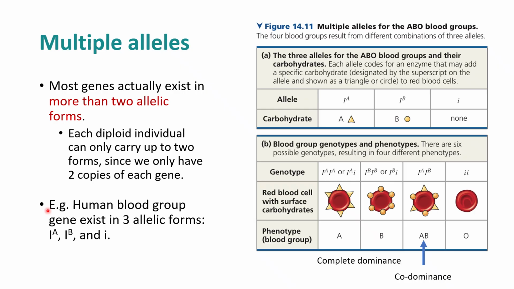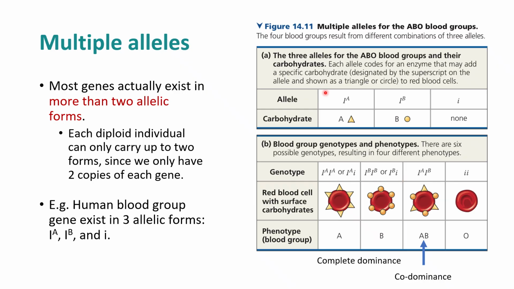IA codes for type A carbohydrates, IB codes for type B carbohydrates, and recessive i codes for nothing. So IA and IB are completely dominant over the recessive i, and they are codominant to each other.